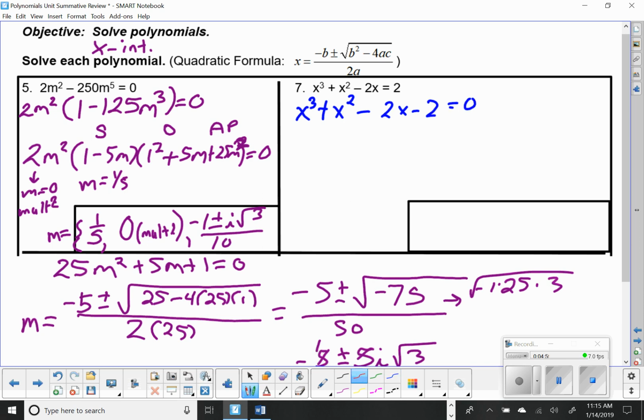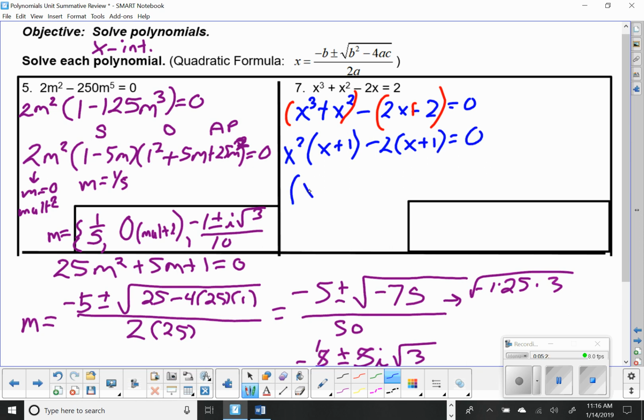Now I can group. I'm going to group the first two. I'm going to group the last two, and notice I've got a minus here, so I have to change the sign on the inside. Greatest common factor, x squared, then I've got x plus 1. Minus greatest common factor is 2, x plus 1.